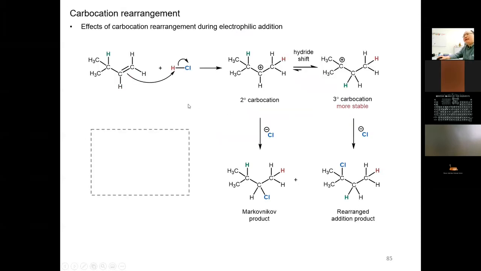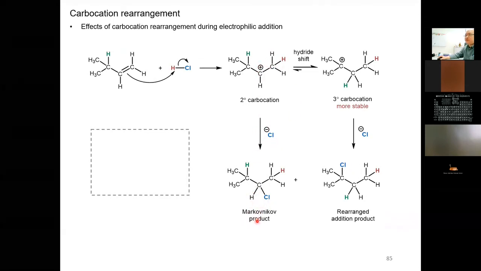So for example, I marked this hydrogen green on this carbon, okay? The first step, as we learned, is that the alkene adds the hydrogen, the proton, to generate a secondary carbocation, right? And once the chloride attacks this carbocation, it will generate the Markovnikov product.